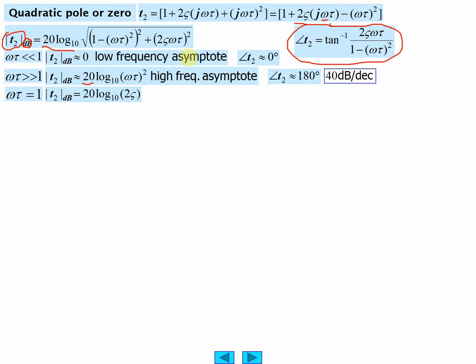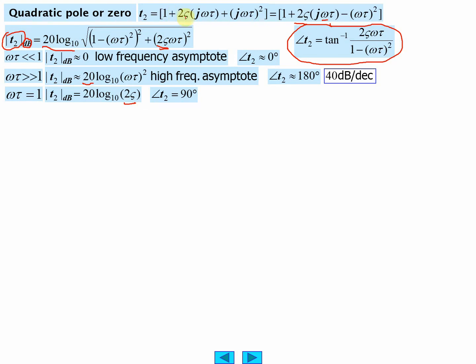When it's exactly equal to 1, that's where this constant comes in. This is a damping factor. Angle 90 degrees. Yeah, it's going to be pure imaginary.